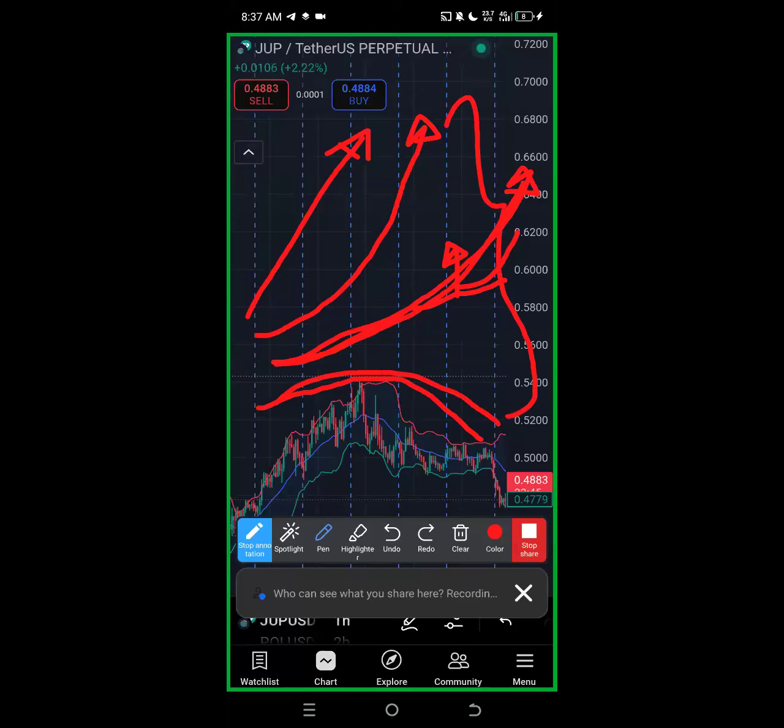This should tell you that the volatility of this uptrend is so strong. The buyers are so aggressive in the market that they're not giving the sellers any chance. They're pushing the market over and over because you'll be seeing the price riding on the upper band.